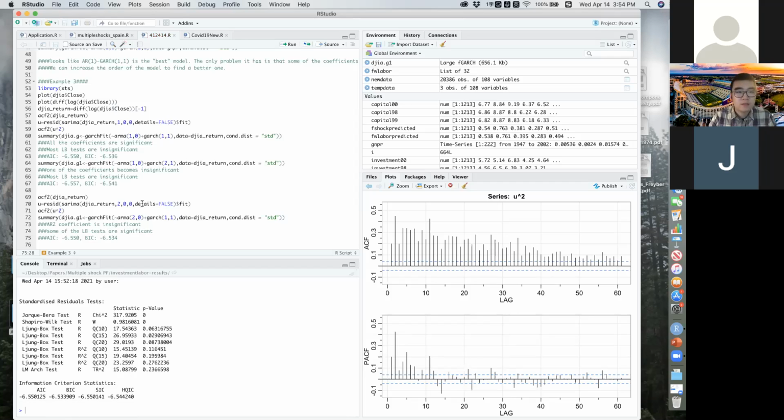All right. So I do not see much difference between the AIC and BIC of this model and the AIC and BIC of the first model. But I can tell from the AR2 coefficient becoming insignificant and some of the LB tests becoming significant that this model is definitely not as good as the first model.